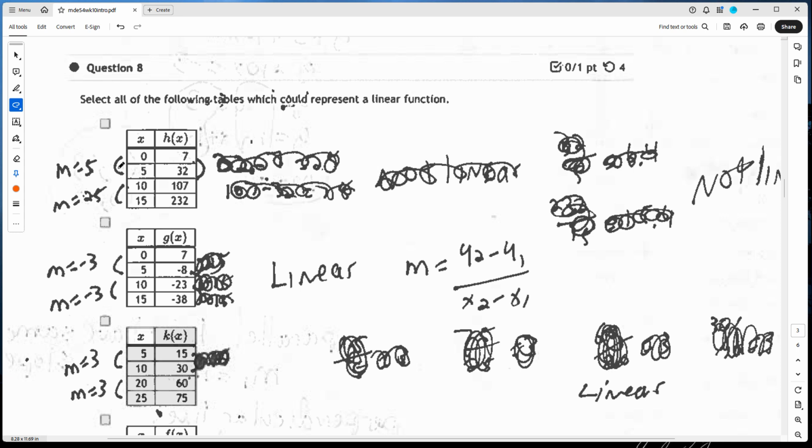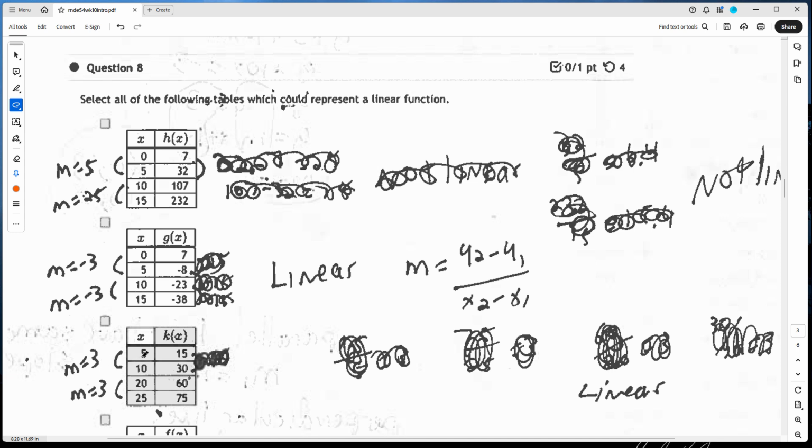So for the first one there, we find the slopes. We get 5, then the slope again here is 25, so it couldn't be a linear function. You do this one here, take the first 2 points, you get -3, then you choose another 2 points, you get -3, you know that one is linear.